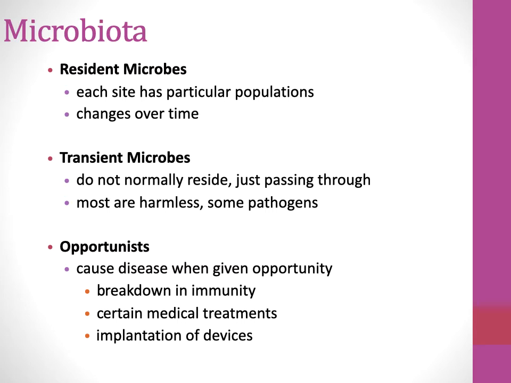So if we have skin bacteria and it moves into the abdominal cavity, this changes its environment, and it can then exhibit pathogenic behavior and cause an infection, where if it had just stayed in the skin, it never would have done that.